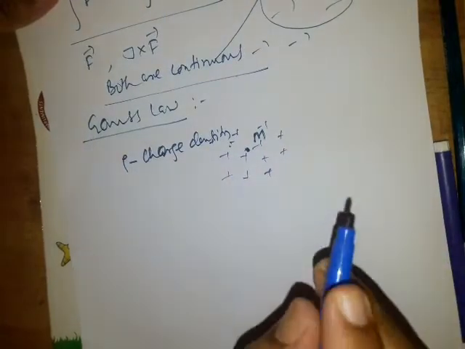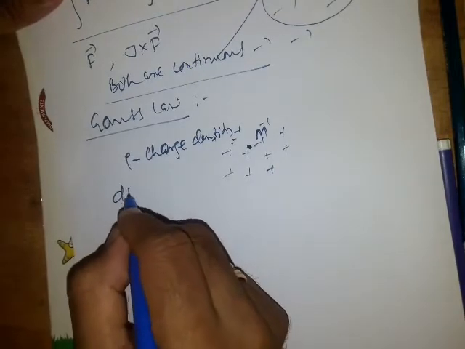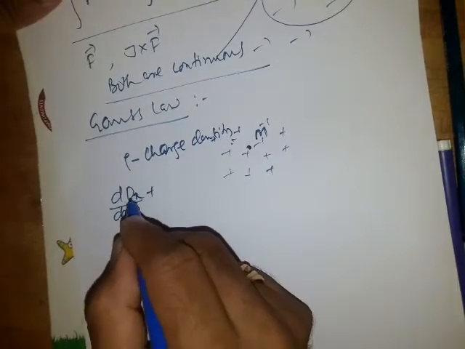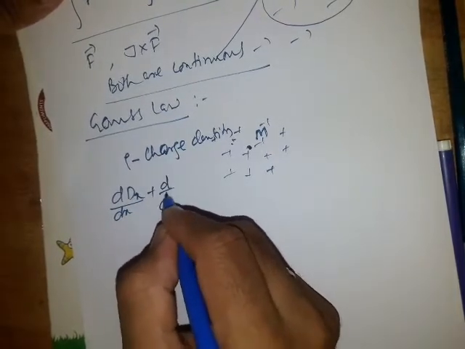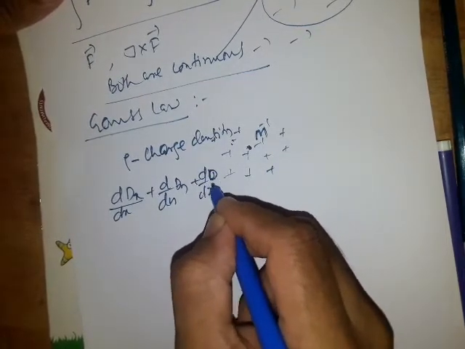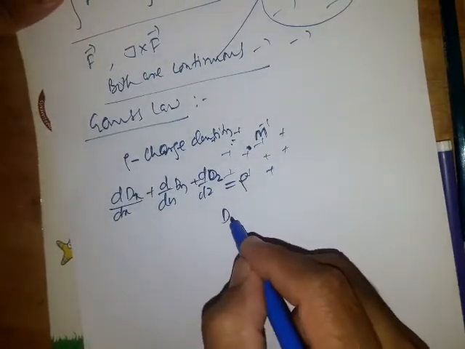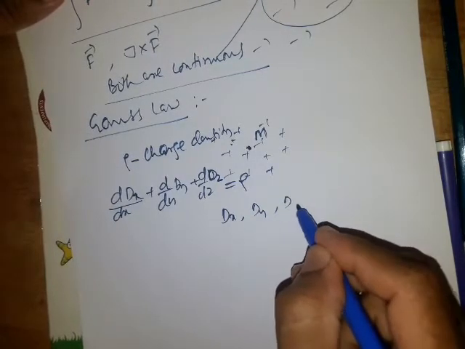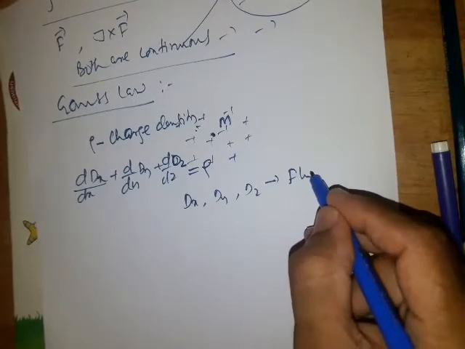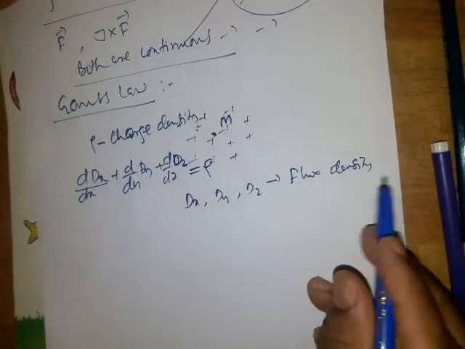So this can be written in terms of flux density: d by dx of Dx plus d by dy of Dy plus d by dz of Dz is equal to rho, where Dx, Dy and Dz are known as the flux densities along the x, y, z axes, or the x, y, z components of flux density.